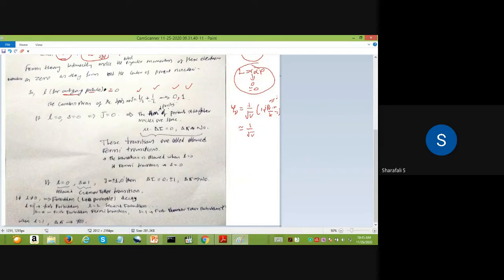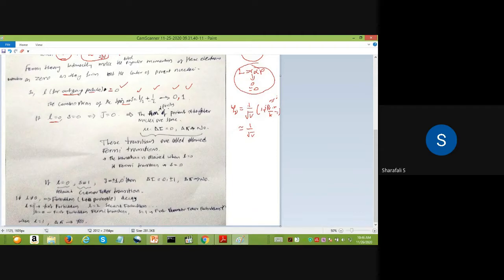So the resultant spin of the outgoing particles will be 0 or 1.